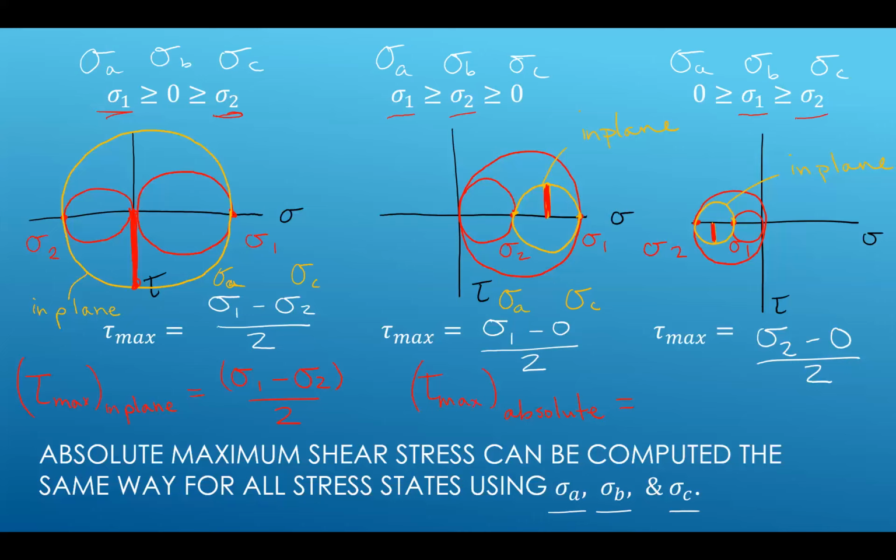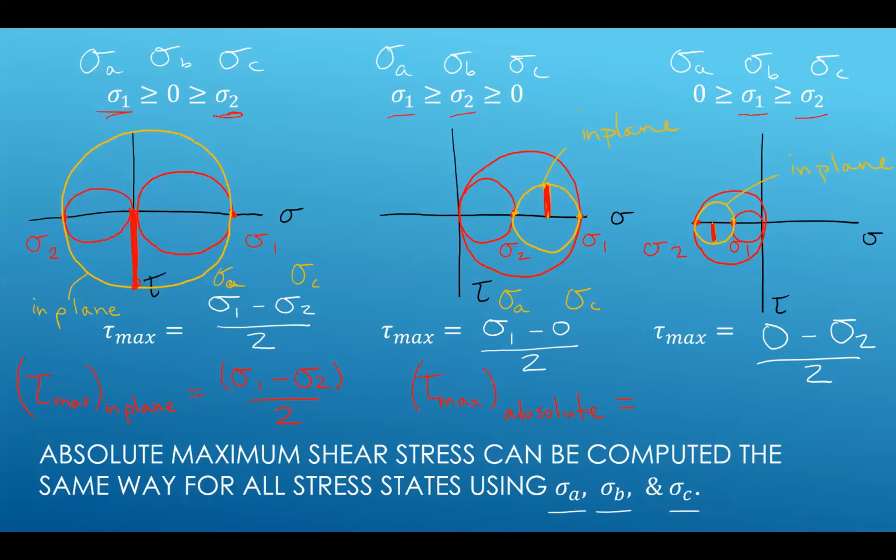This is written incorrectly. I apologize. That would give you a negative value, wouldn't it? This should be 0 minus sigma 2. Because sigma 2 is a negative number, when you do the subtraction 0 minus sigma 2, you actually get a positive number. The way I had it, we were getting a negative radius. So my apologies. Okay, now this makes more sense.